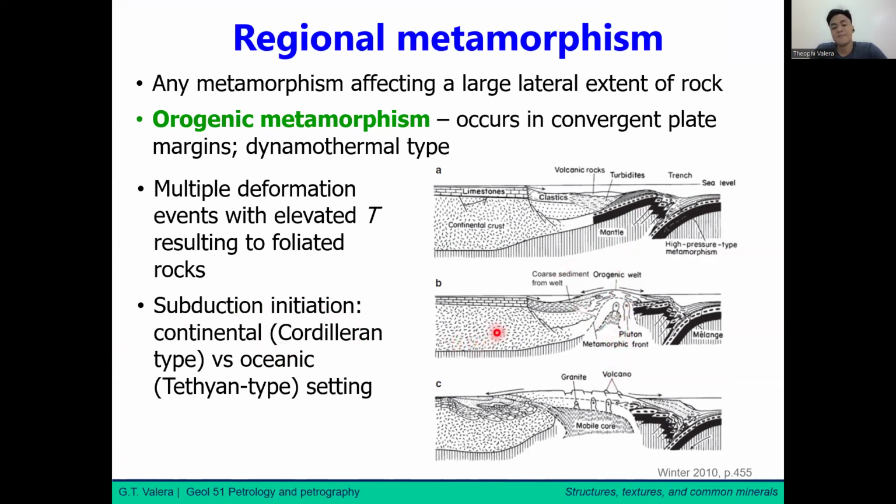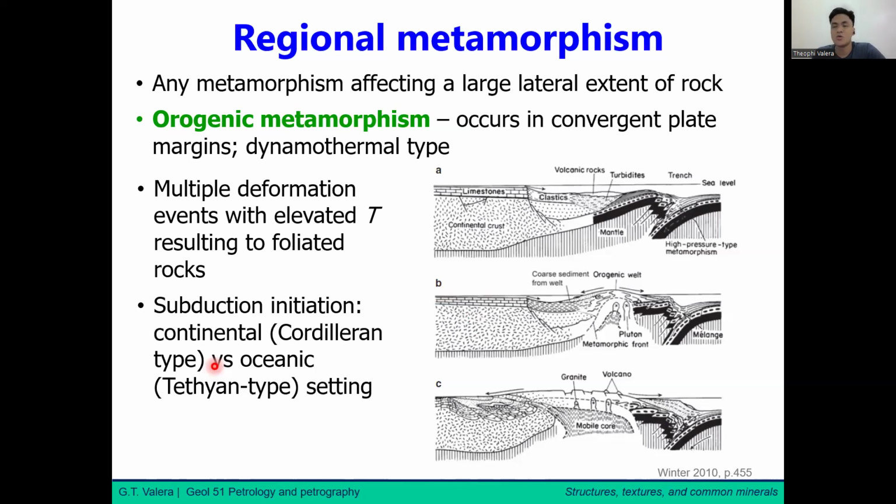So at this point, we have to talk about subduction initiation. There are two main types of subduction zones, what we refer to as Cordilleran type and Tethyan type. Cordilleran type is when you have basically oceanic interacting with continental material. So think of basically, in the north, well, the Pacific plate subducted beneath the Eurasian plate, in the west side of the Pacific plate.